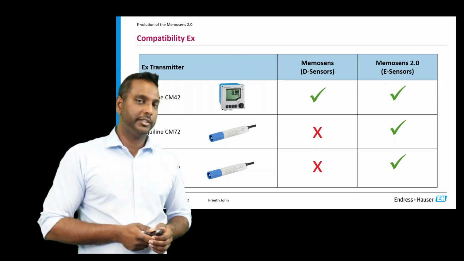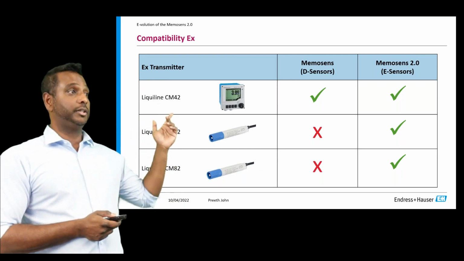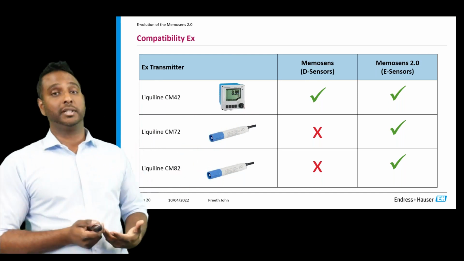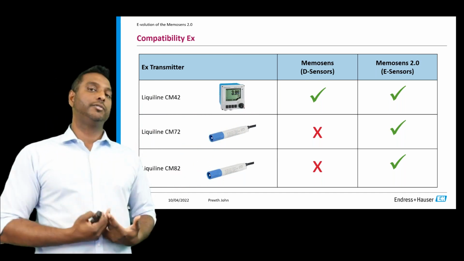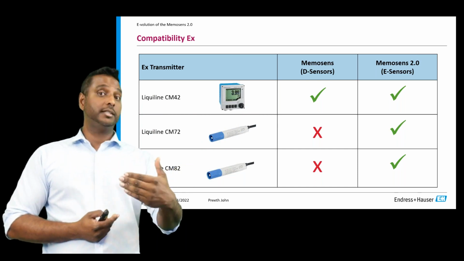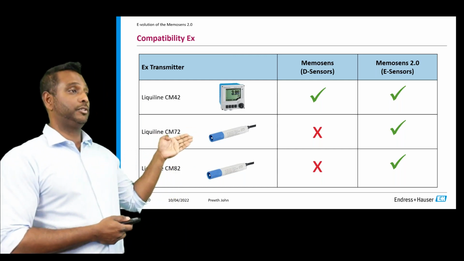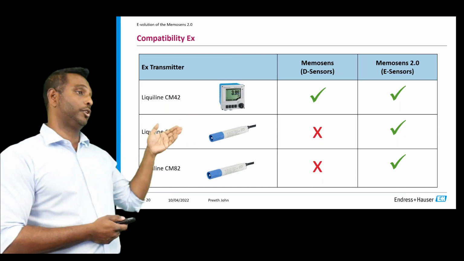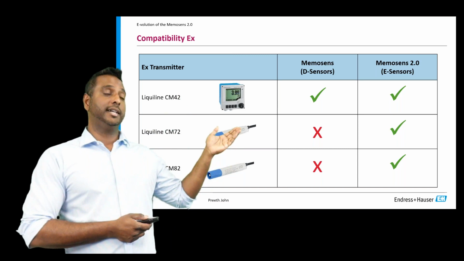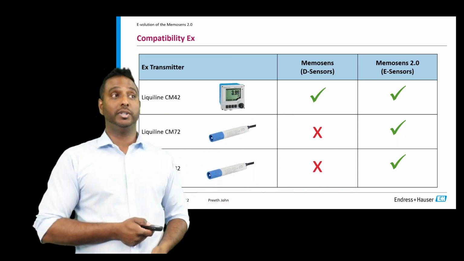Some extra new things that you'll notice in your Memosens 2.0. In the past, you could only use the Liquiline CM42 with the D series to get EX compatibility. Granted, CM44X in the past was not really available in the EX format. It is now, and we will be launching information about that soon enough. But when you didn't have the option to use a CM42 or CM44X and you wanted to use one of our Liquiline CM72s and 82s, you'll see that you cannot have EX compatibility with the D sensors, but you can with the E sensors.